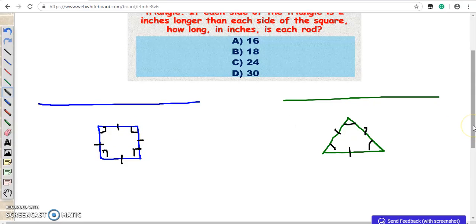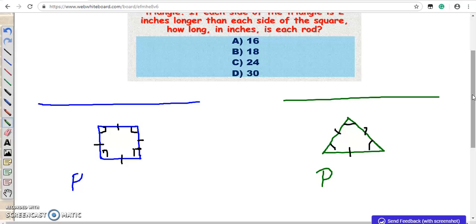We call it the perimeter. So this is the perimeter of the square and this is the perimeter of the triangle that we are going to find out right now. This perimeter should be equal to the length of the rod here and here.